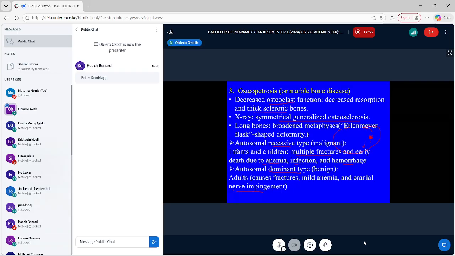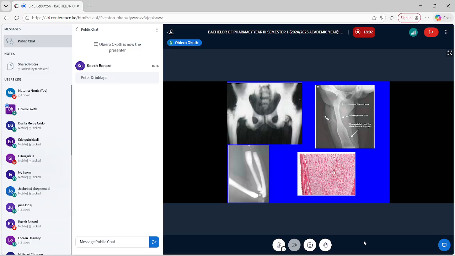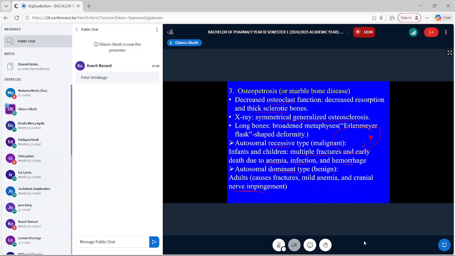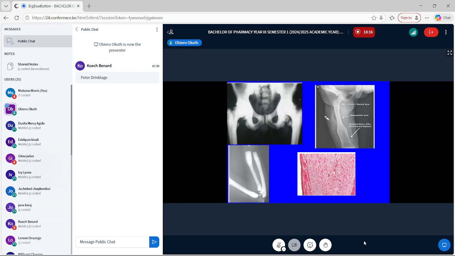So even the foramina that you are supposed to find in bone are not there. And the problem with this is that you don't have osteoclastic function. Osteoclastic dysfunction is the problem in osteopetrosis, or marble bone disease.